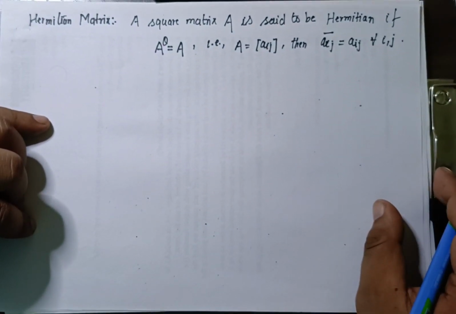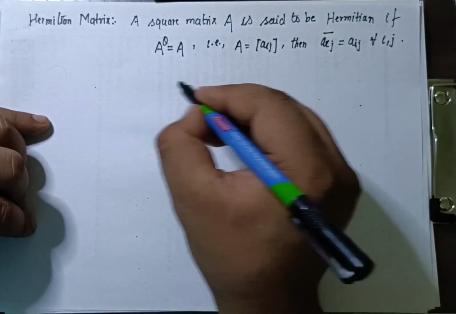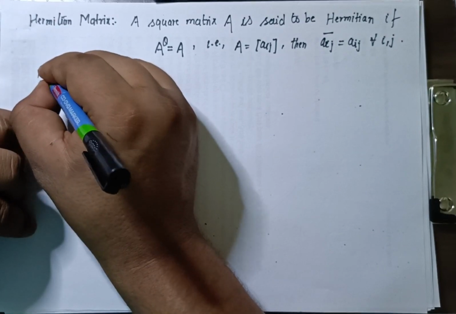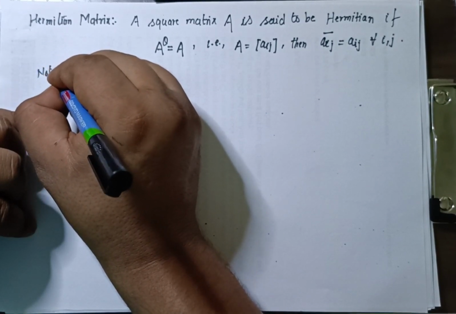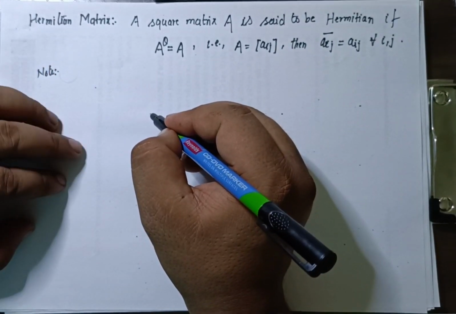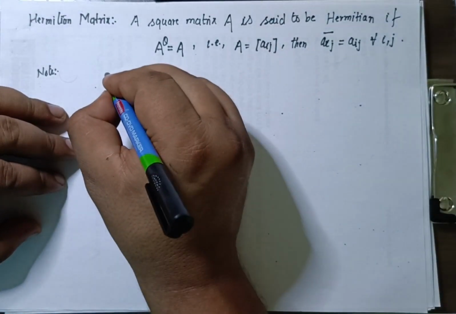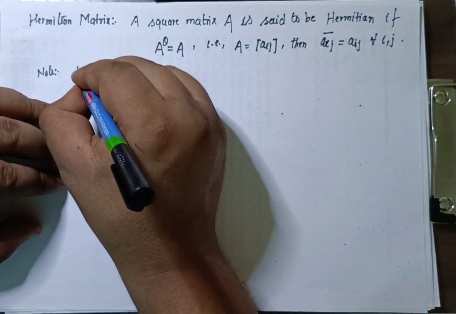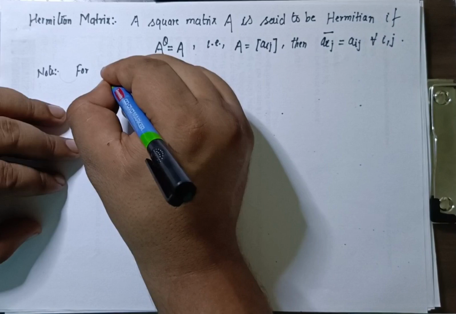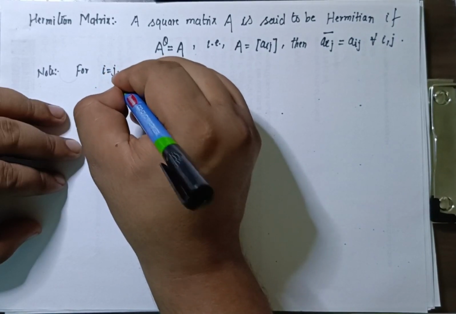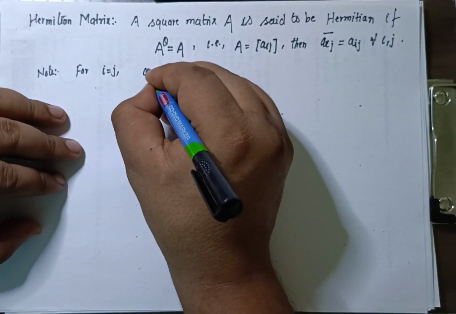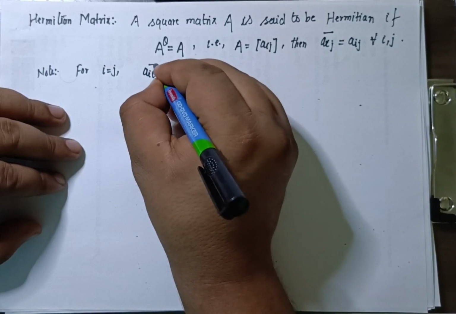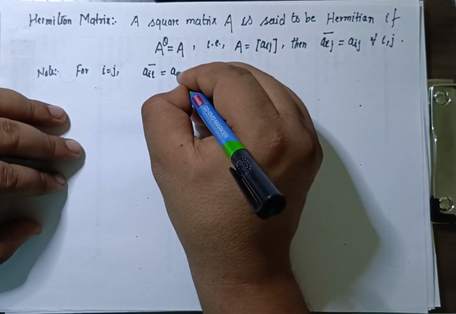Now by this definition we can observe one point to be noted here. For i equal to j, what does it mean? It means Aii bar is equal to Aii.